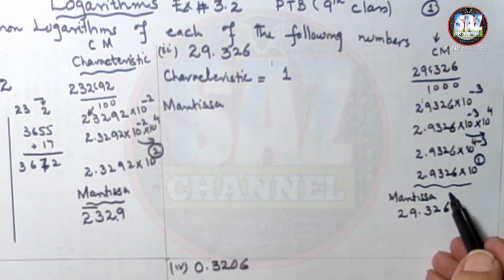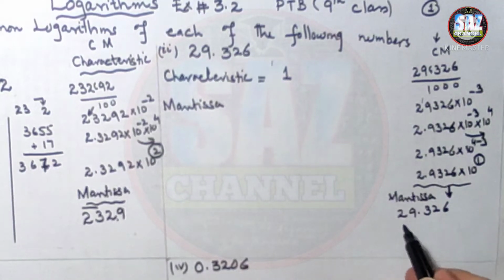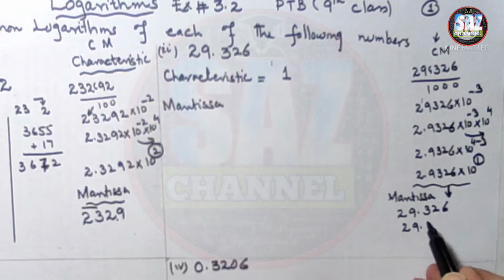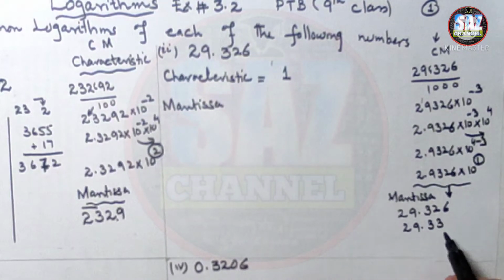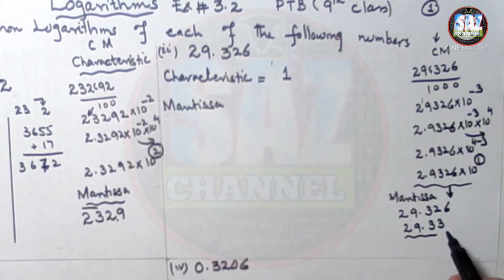I will be focusing my attention on what number? On 6, as this number is more than 5, I will be dropping this number, and I will have to add 1 to the previous. So the four significant digits for this number are 29.33.